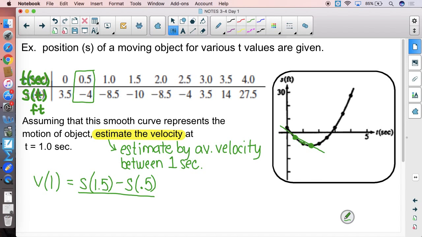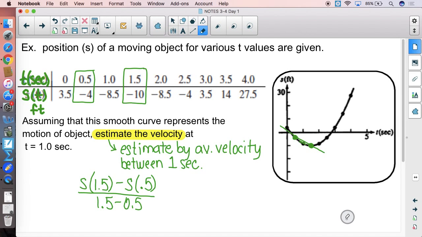So these are my 2 points that I'm using to calculate that average rate of change and the difference between those two. So this is going to actually be my approximate velocity here instead of my actual. And it serves as a reasonable approximate in the parameters that we've got.